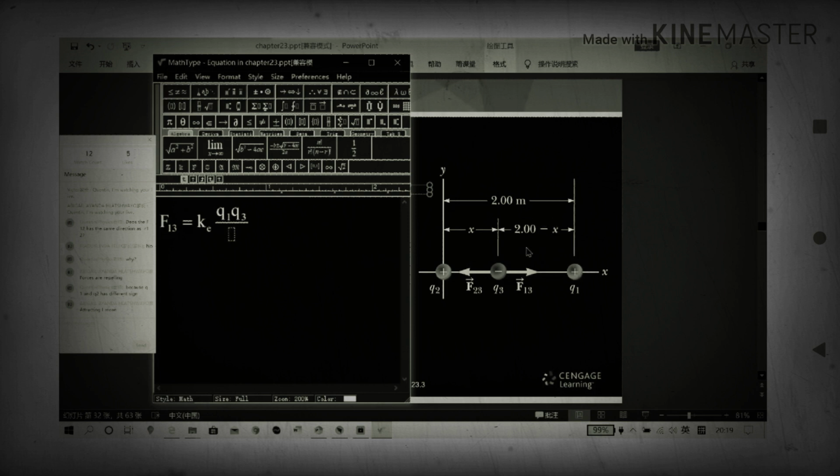Of course, you can make this one x, this one 2 minus x. In our graph, we've already made this one x, so this one is 2 minus x, because we know the distance between Q1 and Q2 is 2 meters. So this should be 2 minus x, squared.